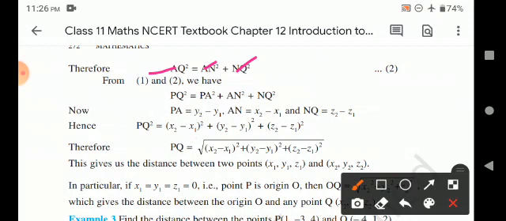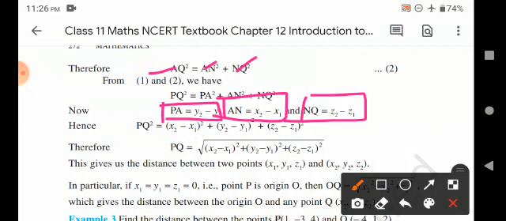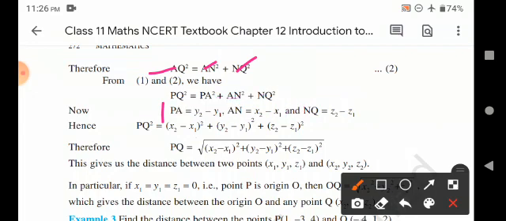As we know that PA is given by y2 minus y1, AN is equal to x2 minus x1 and NQ is equal to z2 minus z1. By substituting the values for PA, AN and NQ in the above equation, we get PQ square is equal to (x2 minus x1) the whole square plus (y2 minus y1) the whole square plus (z2 minus z1) the whole square.